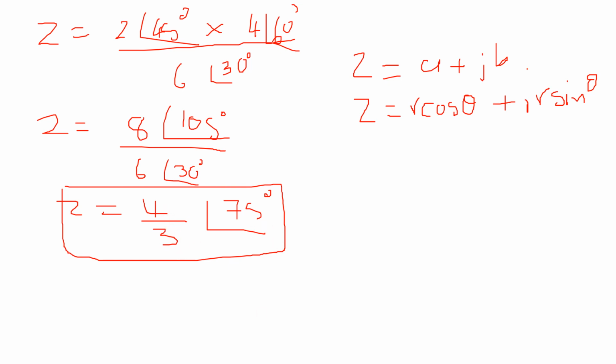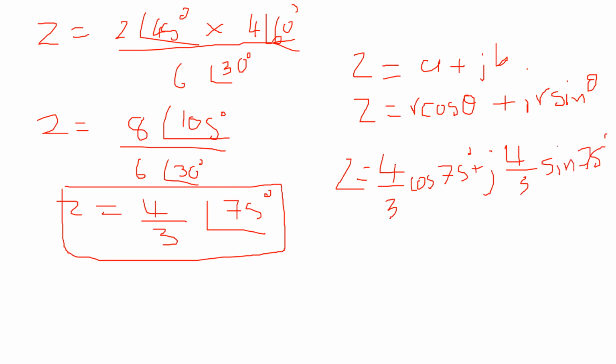So we substitute: the resultant is 4 over 3, cos of the angle, 75 degrees. And then the imaginary part always has a J, and the R is also 4 over 3, sine of 75. So Z in rectangular form will be 4 over 3 cos of 75.